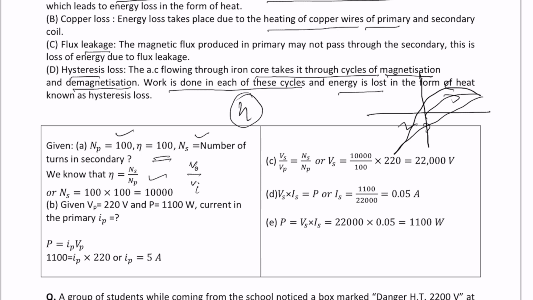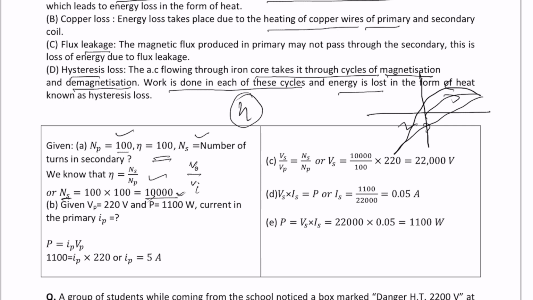So we can find out Ns, the number of turns in the secondary, which is 10,000. The number of turns in the primary is 100. In order to increase to a higher voltage, you need 10,000 turns in the secondary.